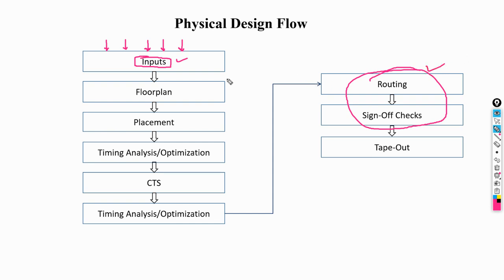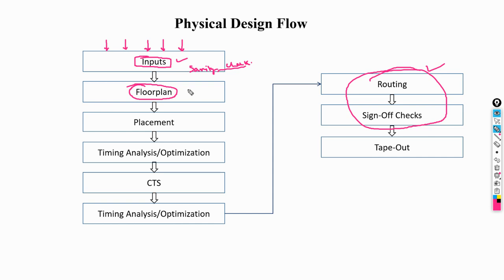Your manager will ask, whatever inputs you have received, are they all good quality? There is something called a sanity check that we do on all the inputs, and we will learn that as well. And then floor plan.